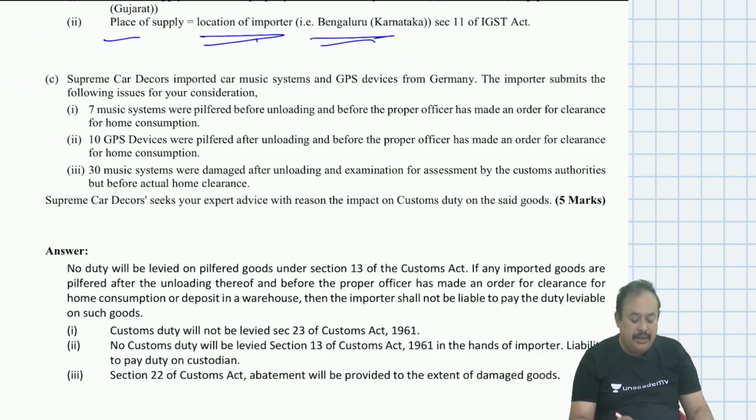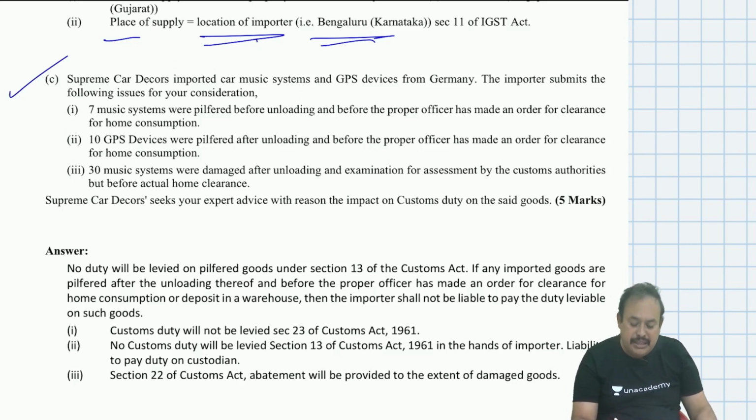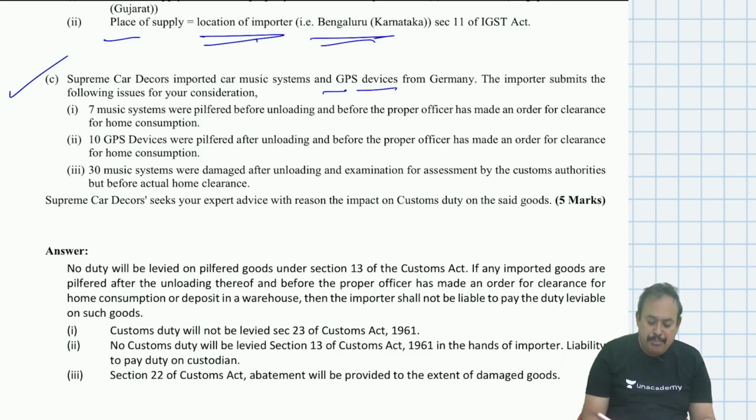Question number 3, subpoint C. Supreme Court Decorator imported car music systems and GPS devices from Germany. The importer submits the following issues for your consideration.